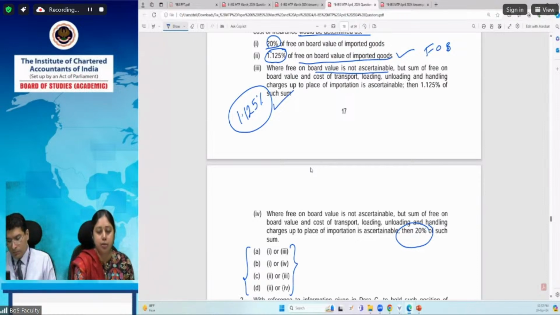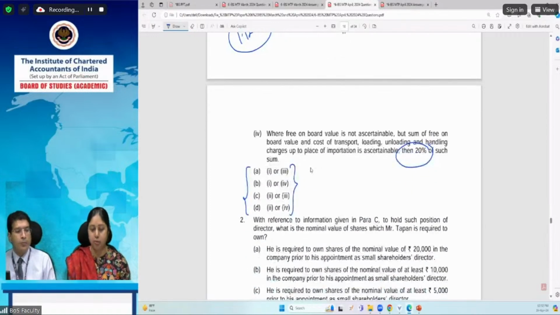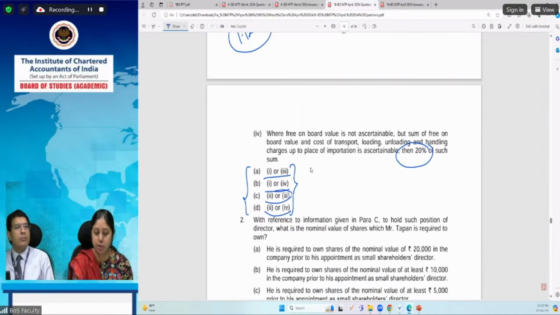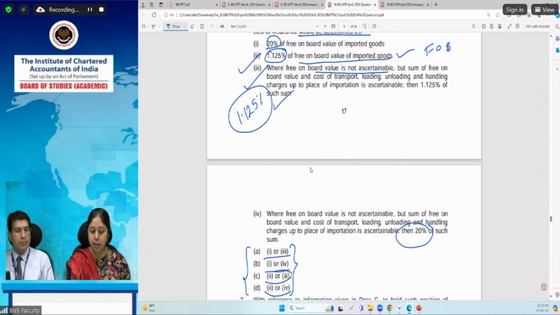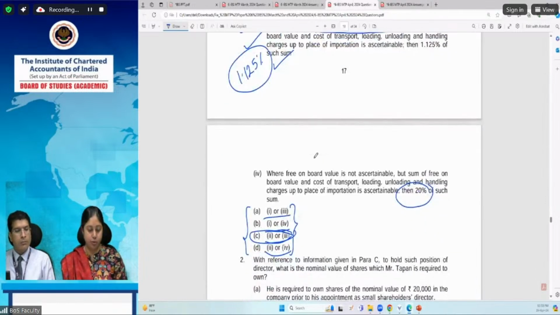So that means option 2 and option 3 are correct. And out of the 4 options which are provided to us, option A is 1 and 3, option B is 1 and 4, option C is 2 and 3, and option D is 2 and 4. So this makes option C the correct option, because you see 1.125% is the actual percentage.